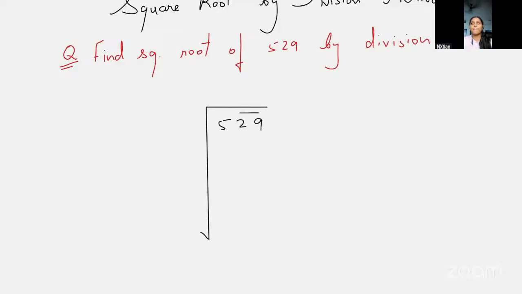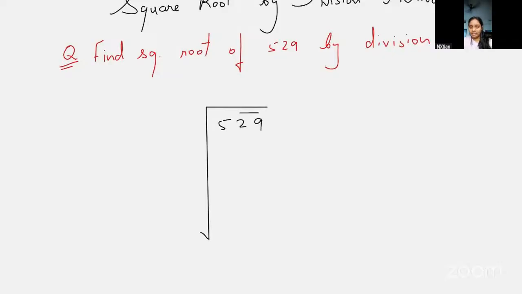If it is a four-digit number like 1225, the pairs are 12 and 25. If it is a 5-digit number, 41225, the pairs become 25, 12, and 4 as a single number. That gives us the idea of how many numbers to take together. So for 29, I will put a bar on it.